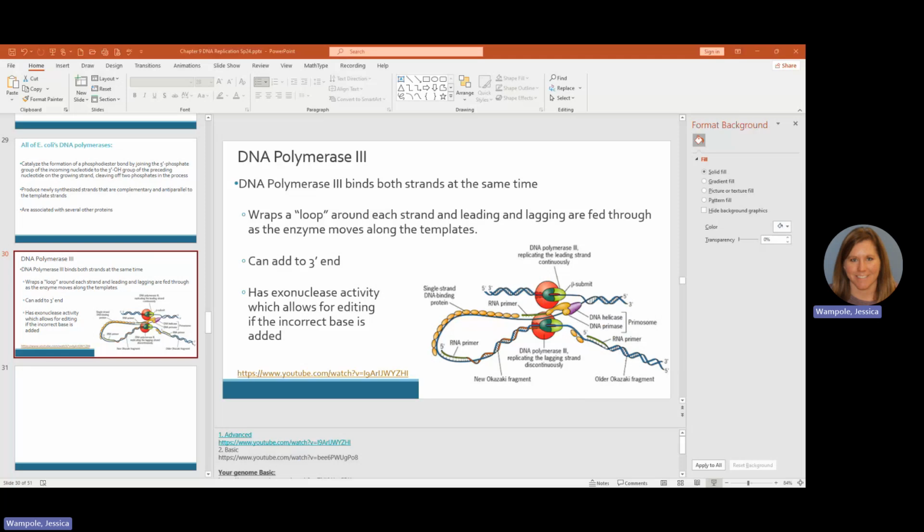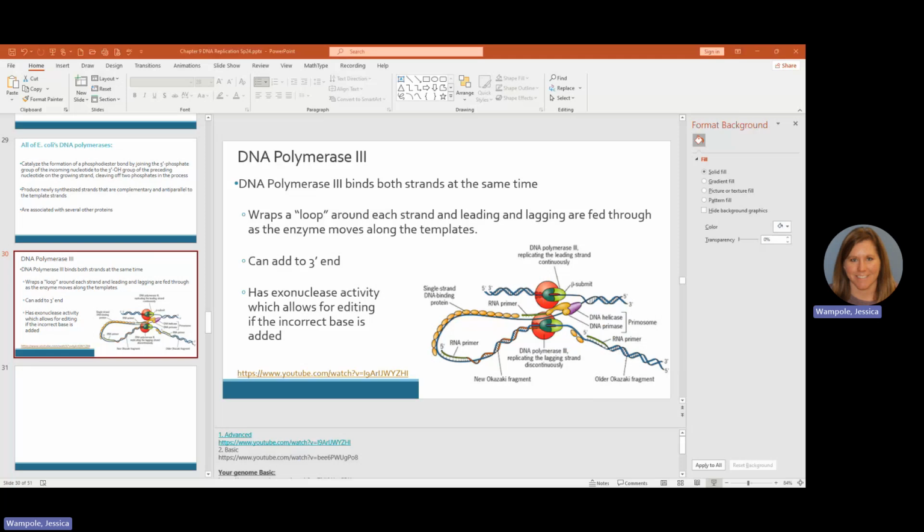So basically, we've got the polymerase that's on the leading strand. That's just going to kind of move directly, continuously towards the replication fork. And then in order for this top half, which is moving one direction, and the bottom half to also move in the same direction because they're connected, the DNA strand has to loop around and be fed through sort of in the opposite direction that it is running.